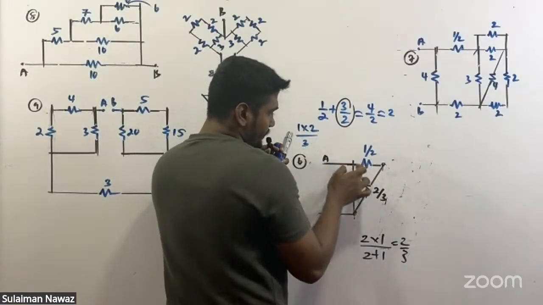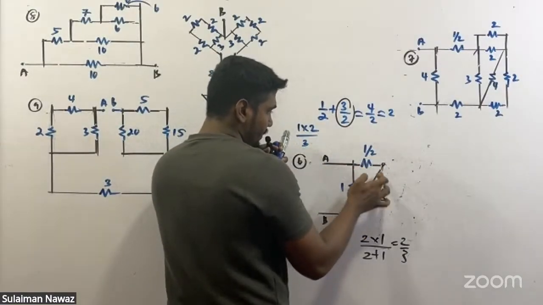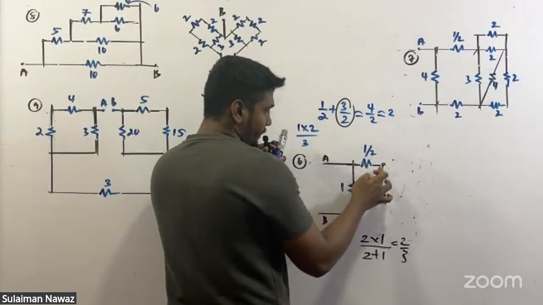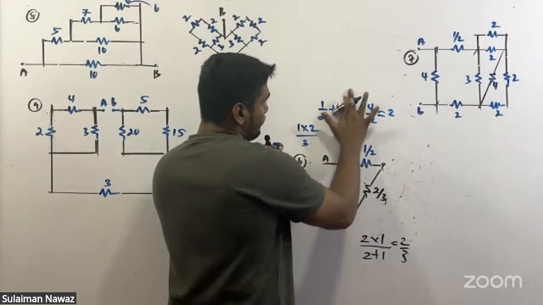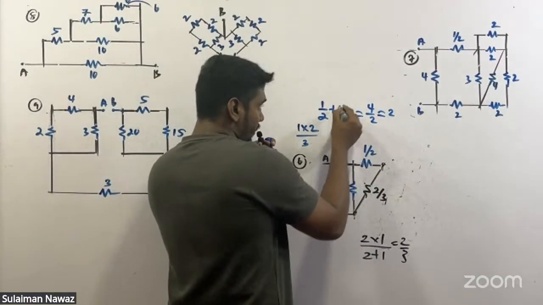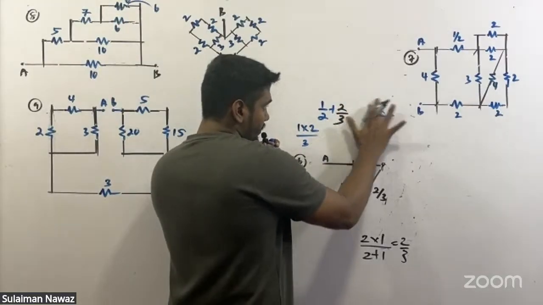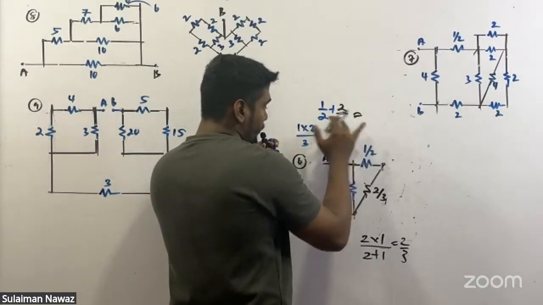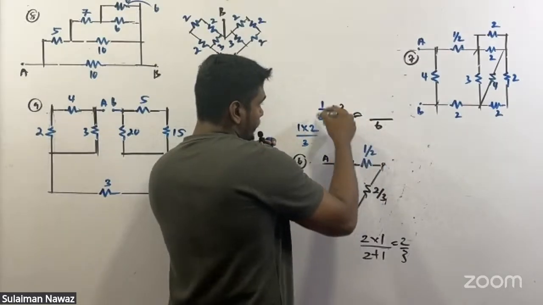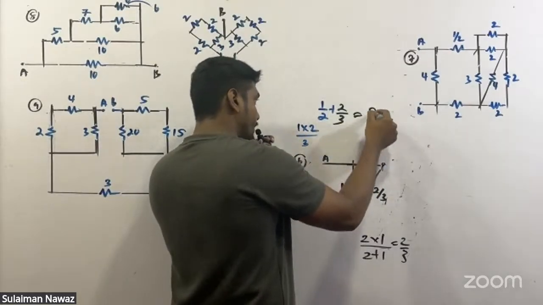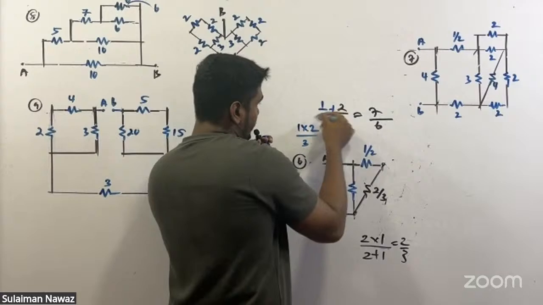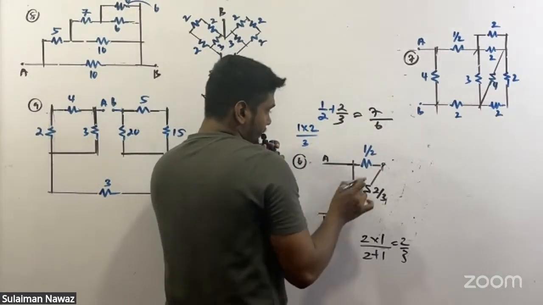Then between these 2 points, these two are in series. Half plus 2 over 3. Then the resultant equivalent is going to be, here it's 6, 3 plus 4, 7 over 6.